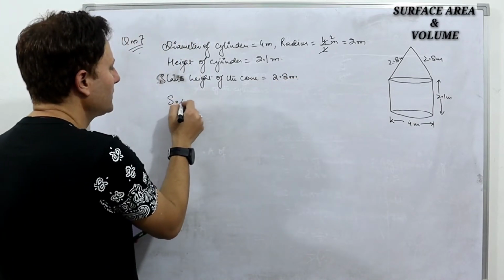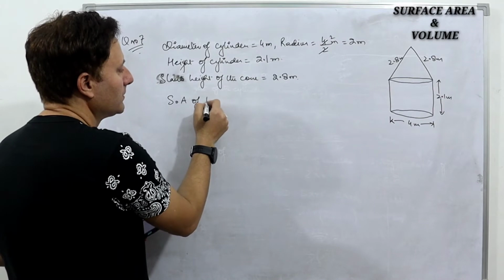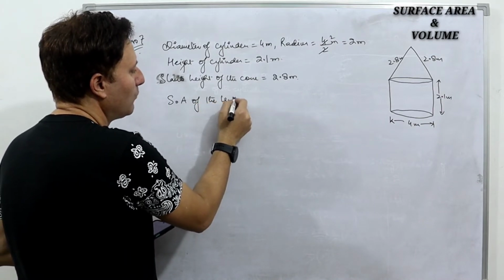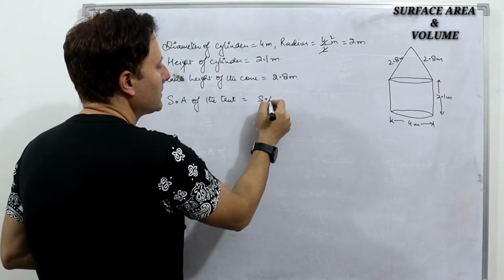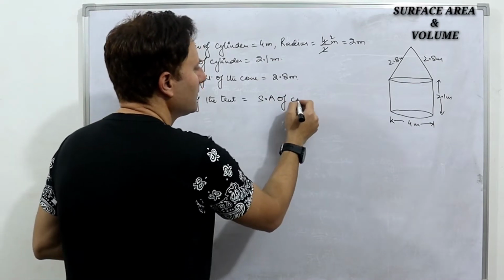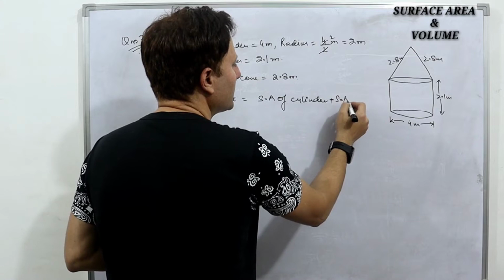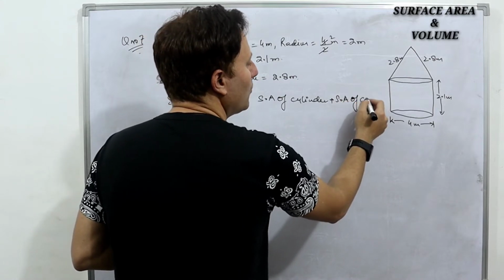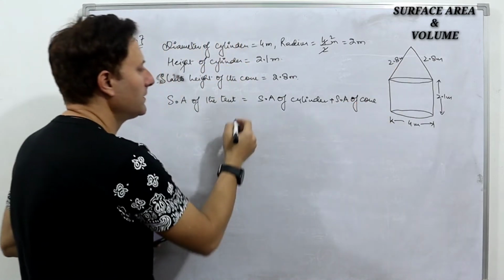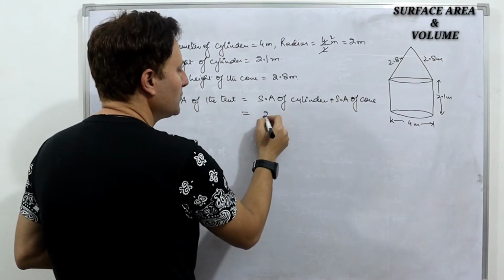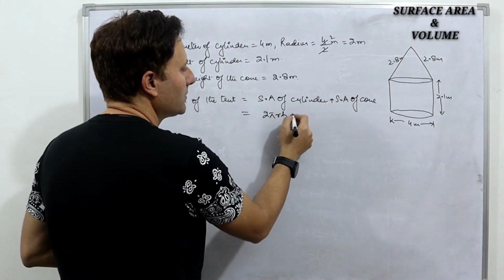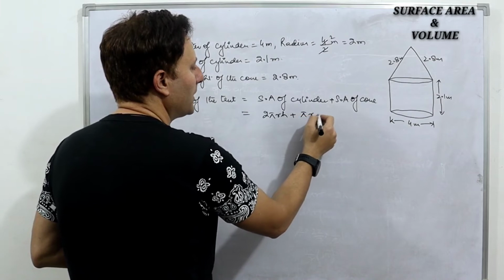So the surface area of the tent, what will it be? It will be the surface area of cylinder plus the surface area of cone, because we have two things, right? So surface area of cylinder is 2 pi r h, surface area of cone is pi r l.